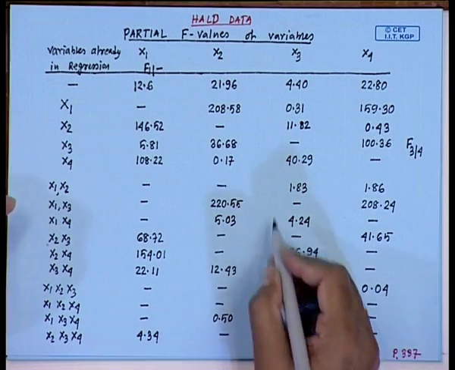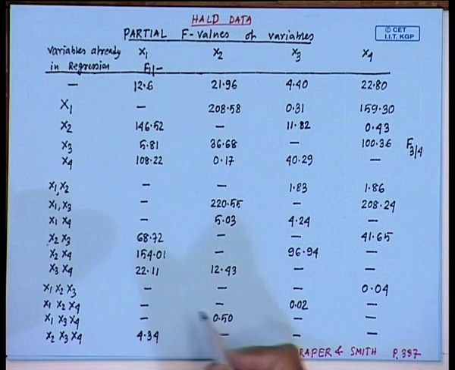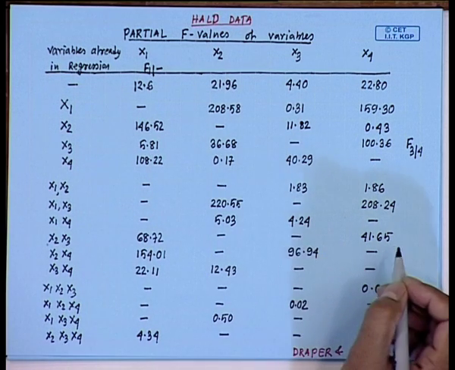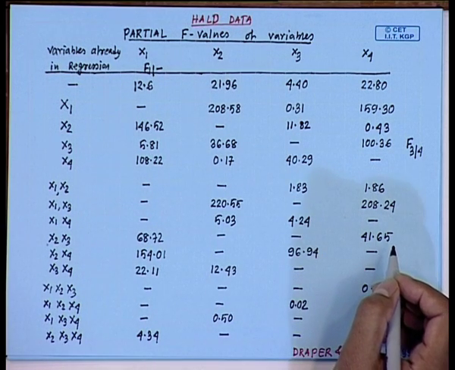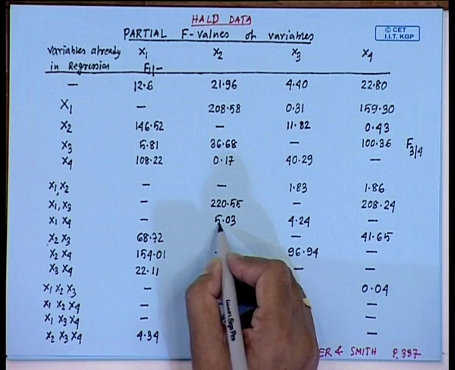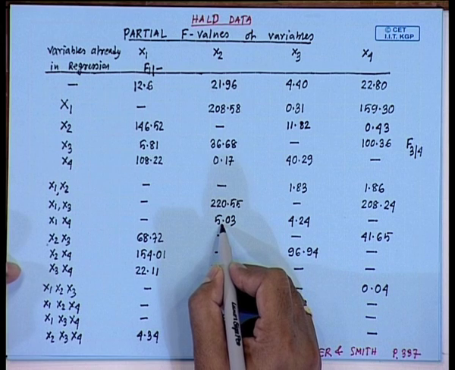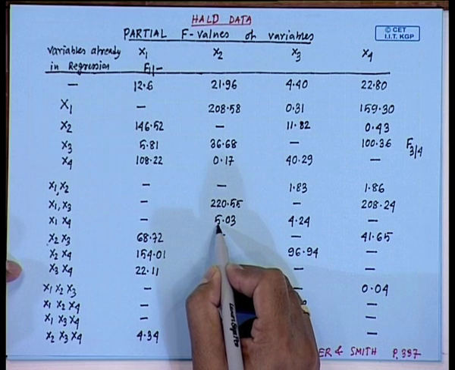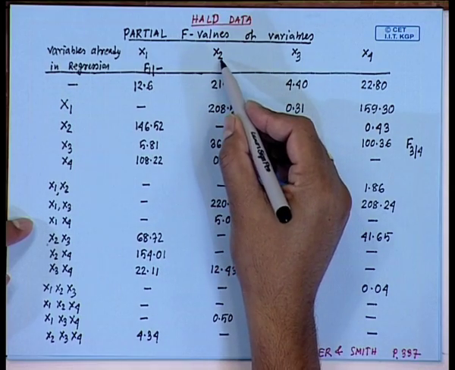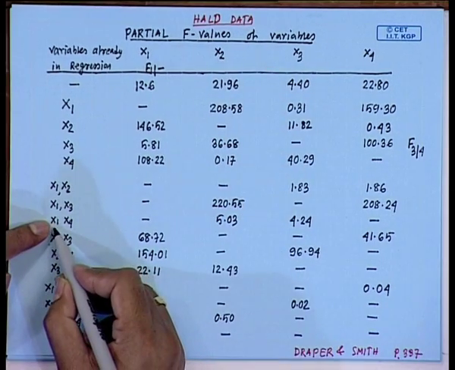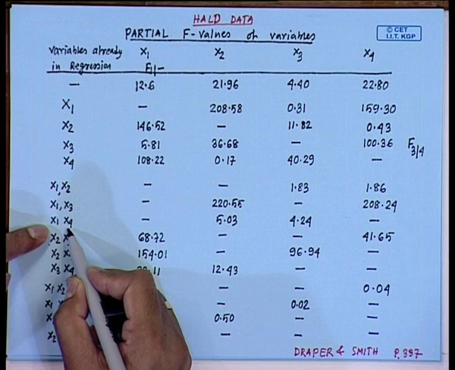This way I have all the partial F statistics. Maybe I will say again, see this is a known figure, 5.03. This one is the partial F statistic for the regressor x 2 in the presence of x 1 and x 4 in the model.